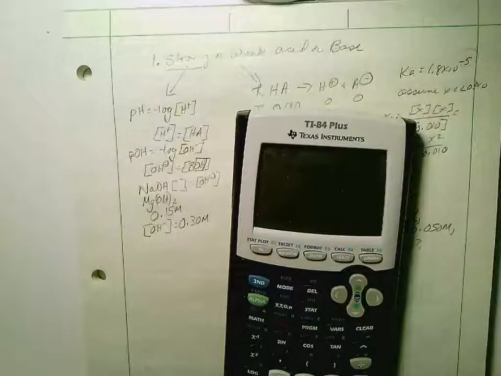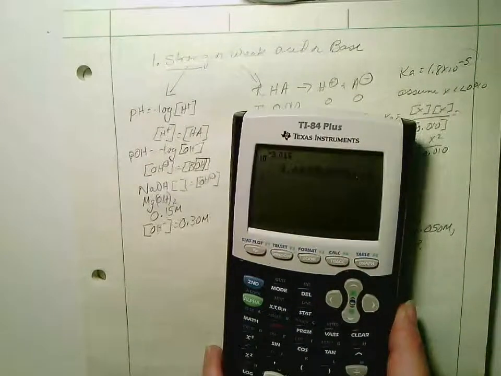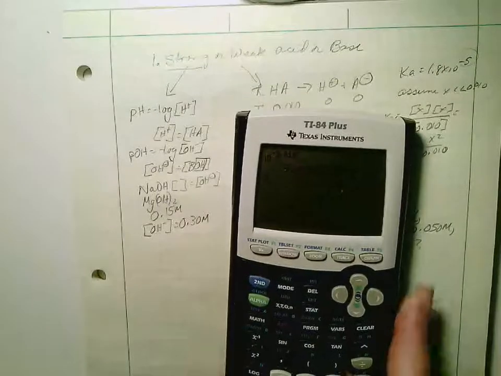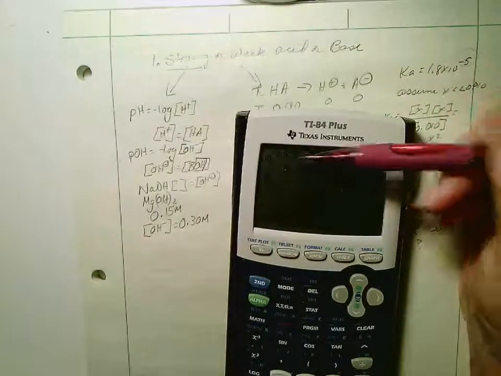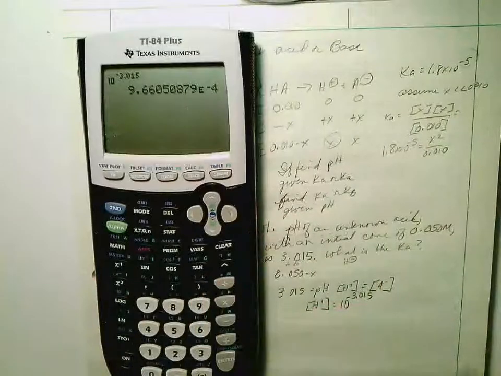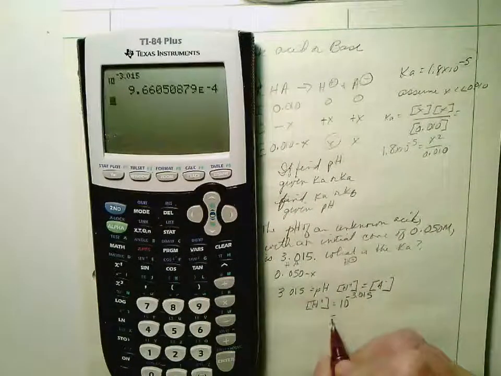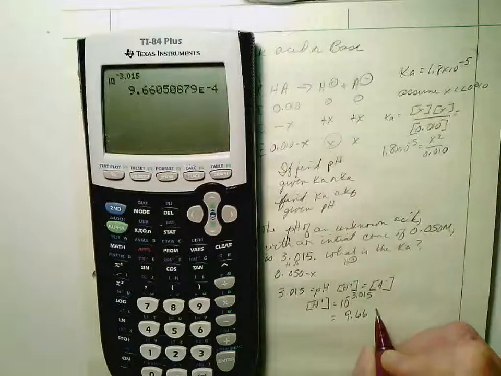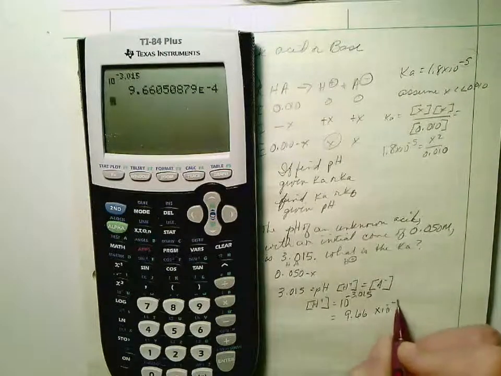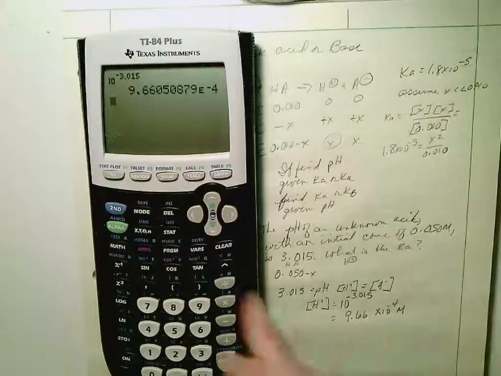Equals. And I get 9.66 times 10 to the, and I have 3 significant digits. The 3 decimal places are my significant figures. So this is going to equal 9.66 times 10 to the negative 4th molar.